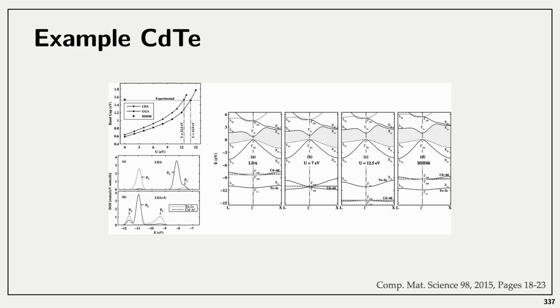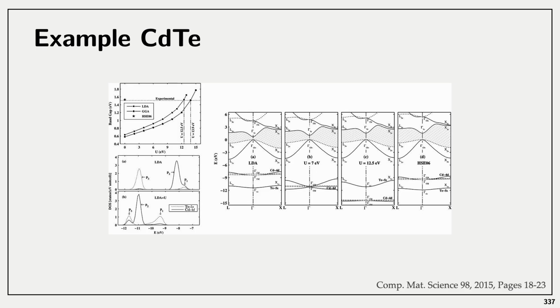Look at the top left plot, where the band gap is compared between experiment and different techniques. As I mentioned earlier in this screencast, HSE, the hybrid functional, is doing a pretty good job with experiment.